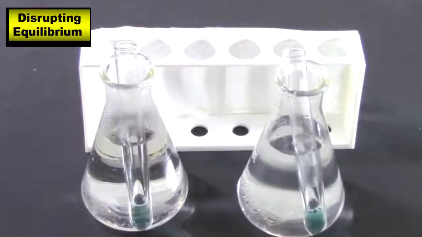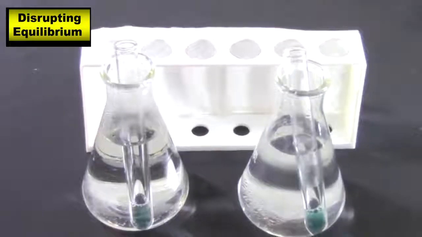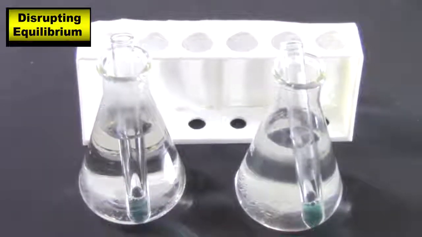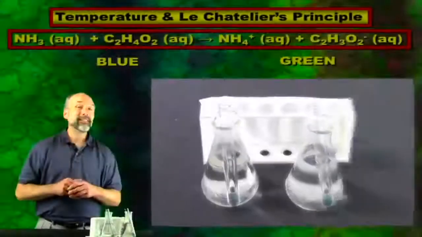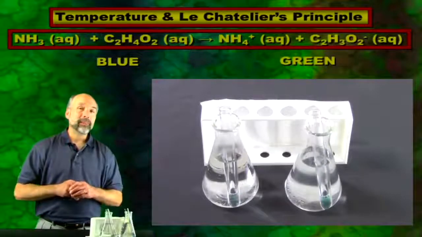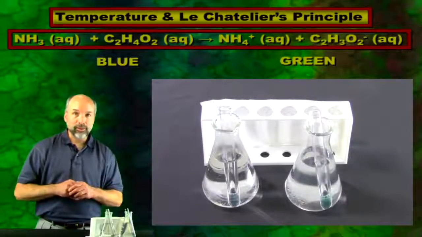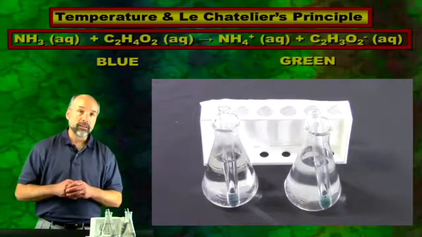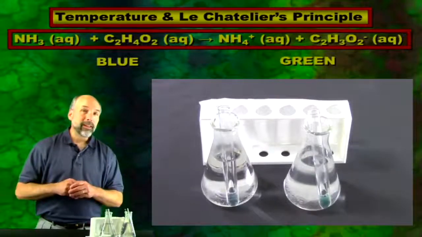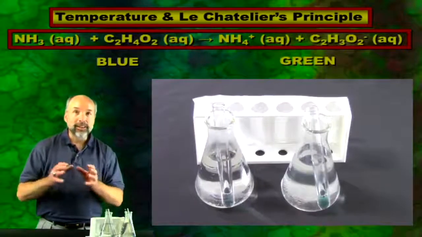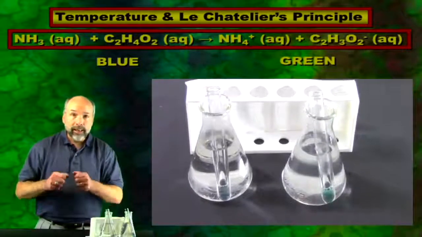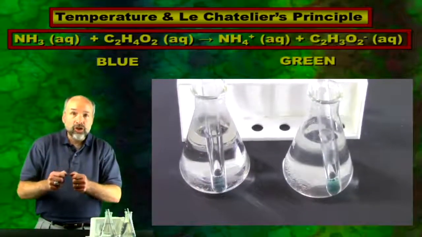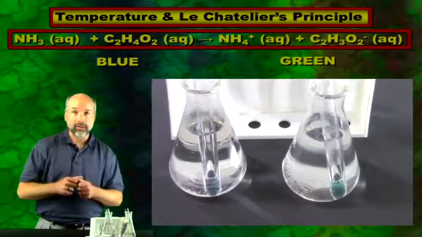Now, what in the world do you think is going to happen? Do you think they're both going to stay the same shade of color? Could they even change to a different color? Well, based on Le Chatelier's principle, think about exothermic versus endothermic as we consider temperature. If it's exothermic, then the energy is on the product side. If we increase energy, it's going to shift in the other direction.